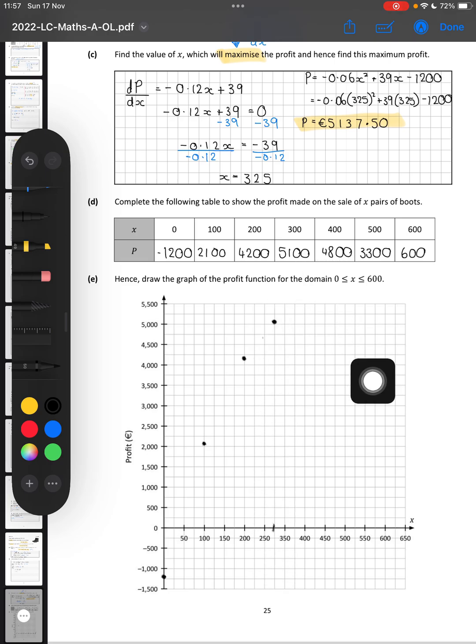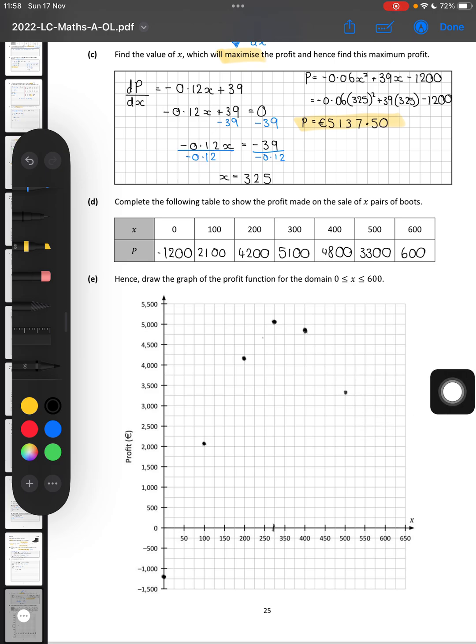400 then, so up from 400 and across from 4,800. So about here. 500 up from that and across from 3,300.